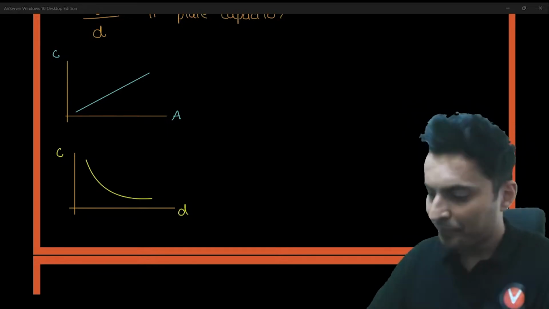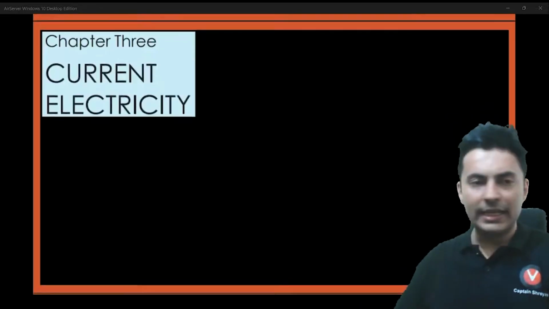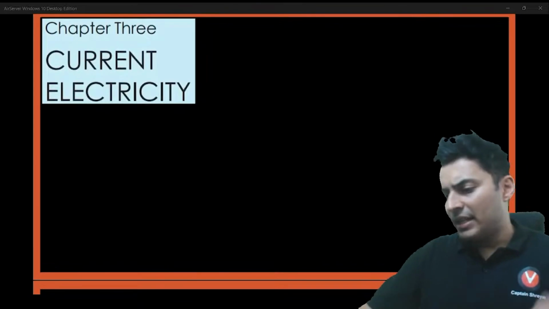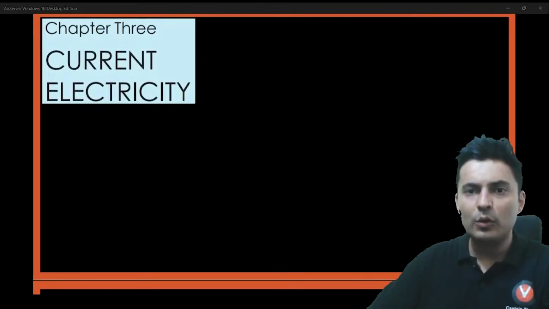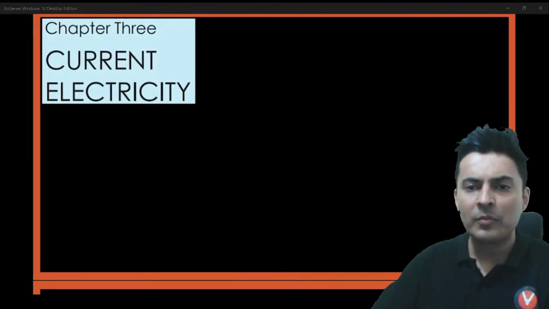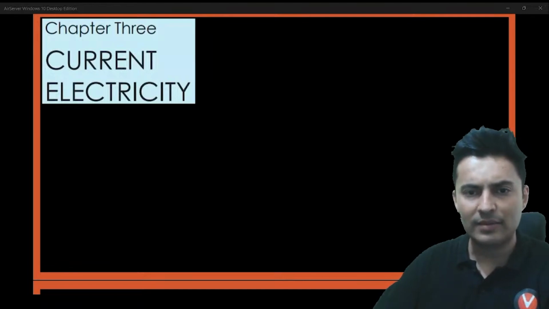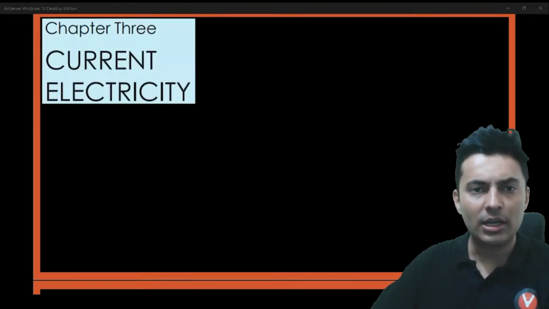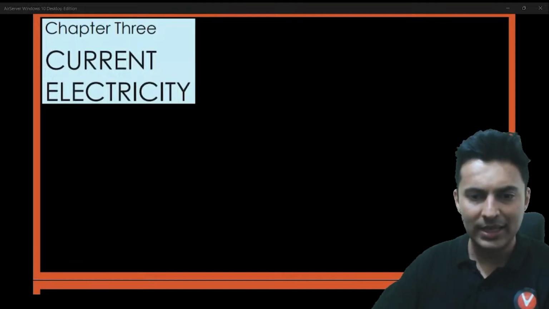Okay, cool. Let's move on now to current electricity. One of the major graphs in current electricity, if you open up NCERT also, you will see, one of the first few graphs that you will be needing is the Ohm's law graph. So let me talk a little bit more about that as well.